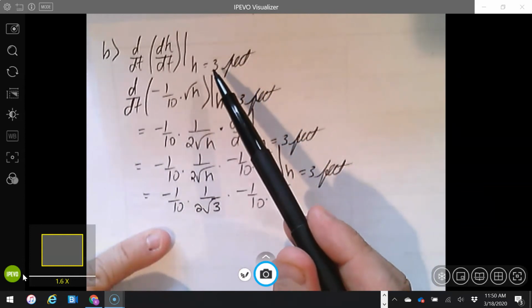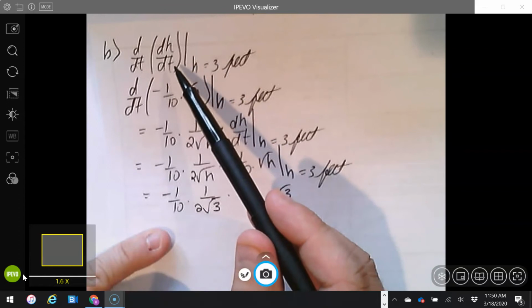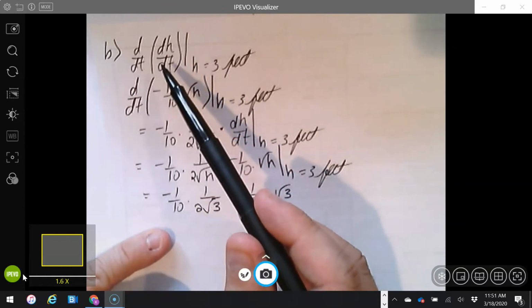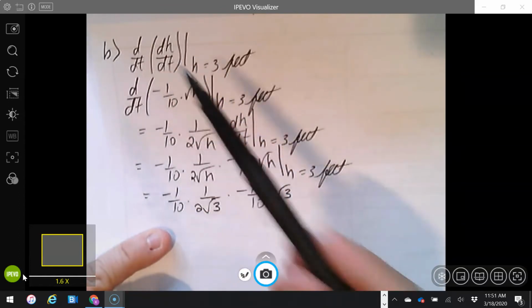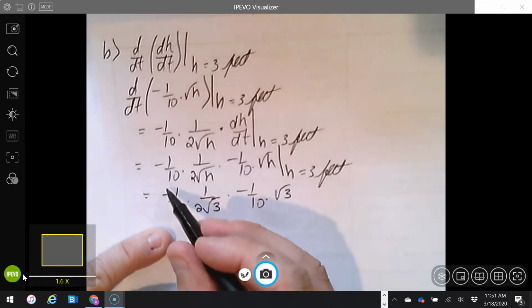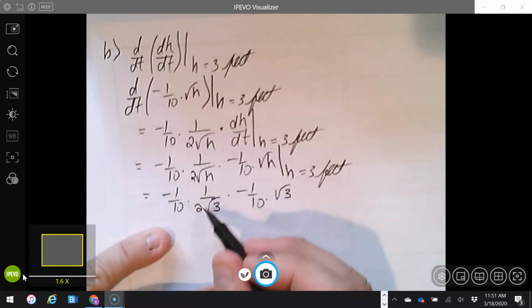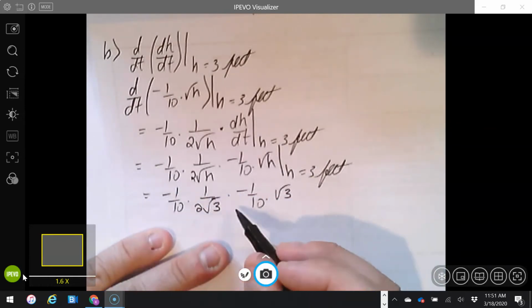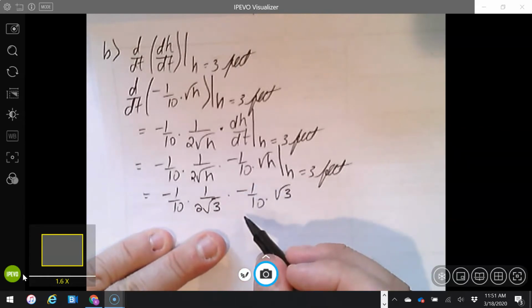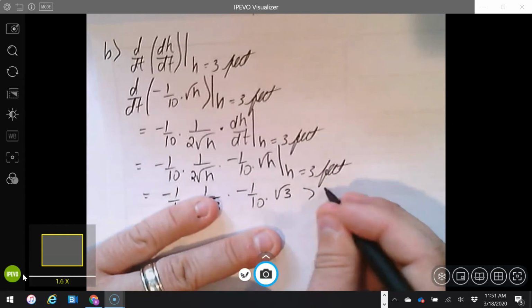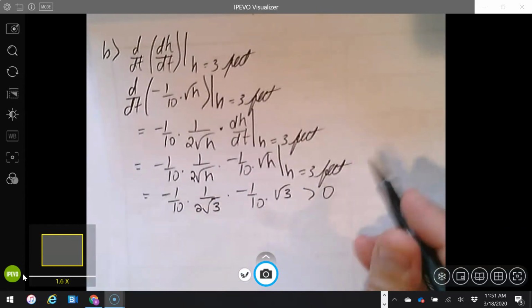The reason we did that is we wanted to know, is this rate of change increasing or decreasing? Well, look at your final answer. Negative 1 over 10 times a positive 1 over 2 square root of 3 times negative 1 over 10 times a positive square root of 3 has to be positive.